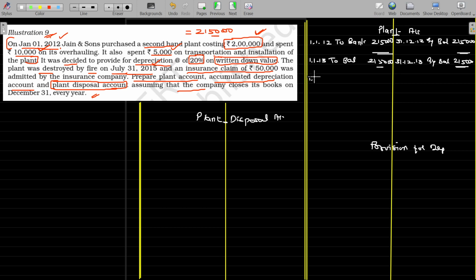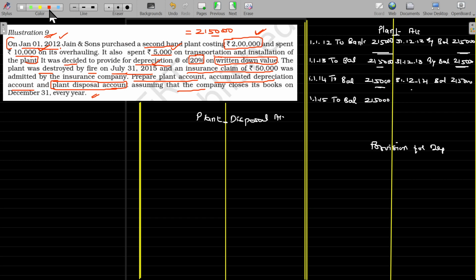Next year 1/1/14, to balance 2 lakhs 15,000. By the year end, 31/12/2014, by balance 2,15,000. Now, 1/1/15, to balance brought down 2,15,000.